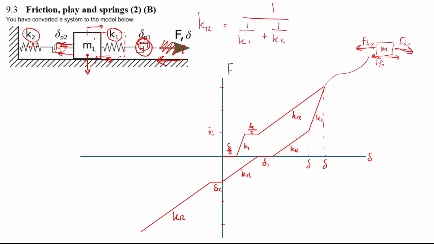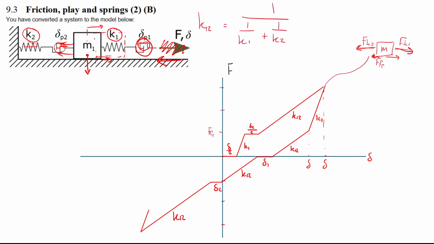The spring 1, K1, is being, sorry, not contracted, I mean compressed. Both are being compressed, so they're working together. That's why it's K12.